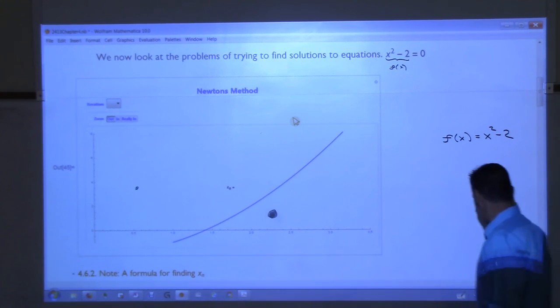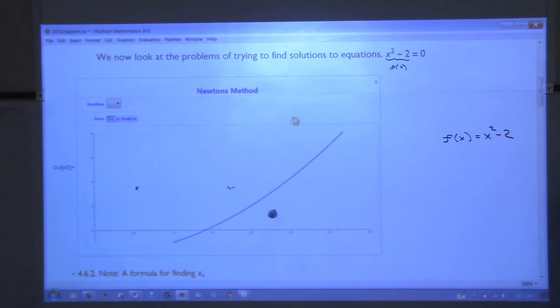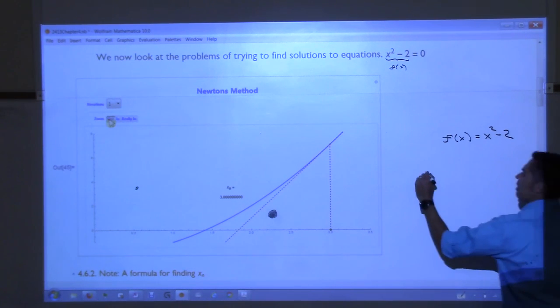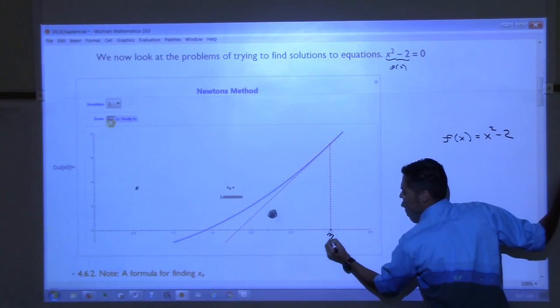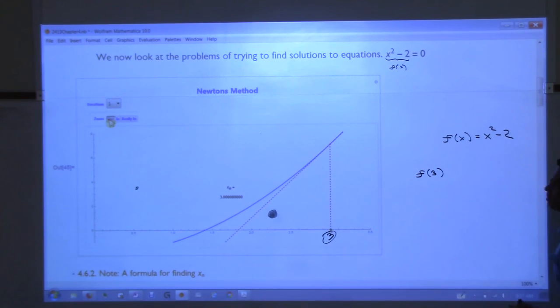So the way Newton's method works is this. First thing it does is it picks a random point. So I'm going to pick a random point and plug it in. Actually I'm going to take f of 3. We plugged 3 into the function. That was a guess. We guessed that the answer was 3.